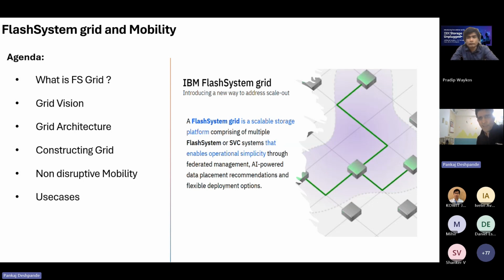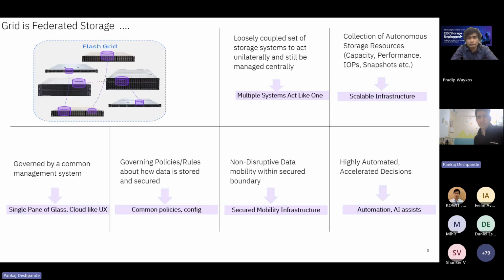So the FlashSystem grid is a platform comprising multiple system controllers, with federated storage and federated management, and it has a fabric for mobility, is how I put it. Essentially, you have multiple systems in the grid which act like one.